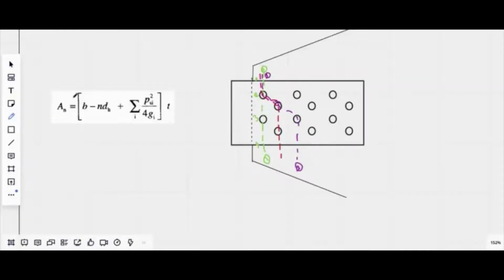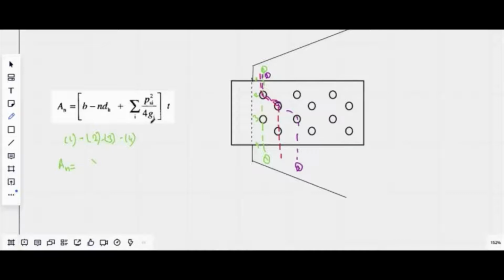So when I consider section 1 to 2 to 3 to 4 to calculate the net area, it can be seen that all the bolts are in the same line.